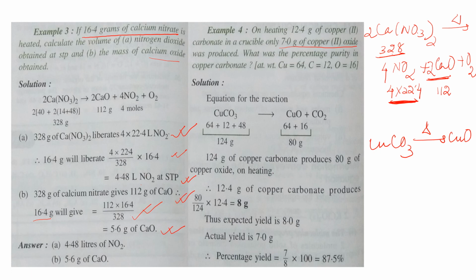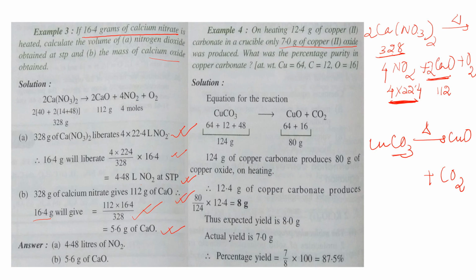And you know that it is a carbonate, so naturally carbon dioxide gas will liberate and vaporize. That is why we are not getting it. What was the percentage purity of the copper carbonate? You have to find out the percentage purity.